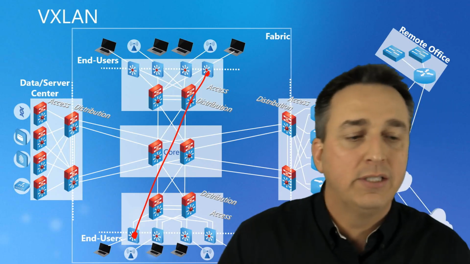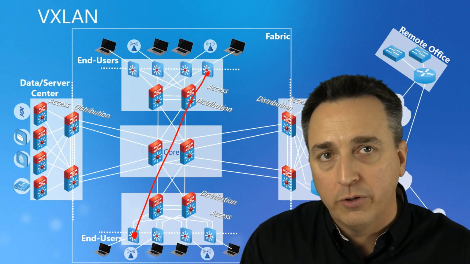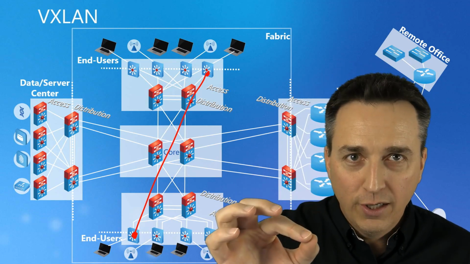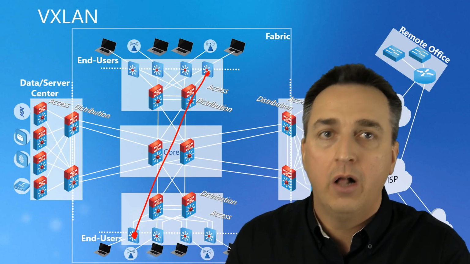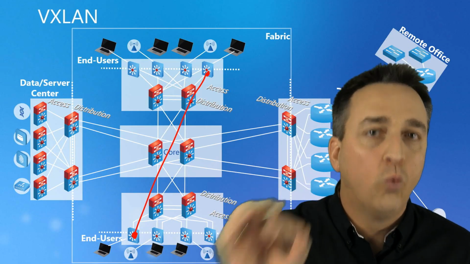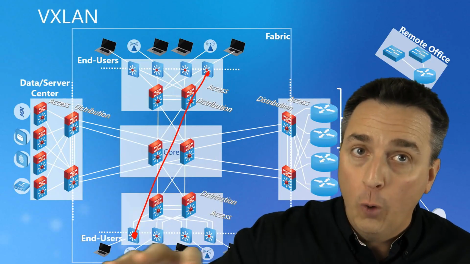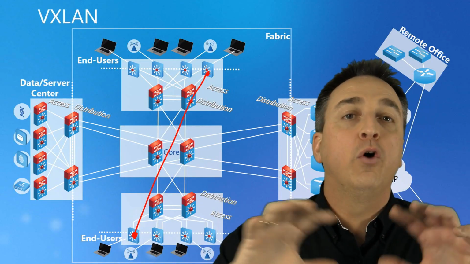But what you need to understand is that LISP as a data plane protocol for SD Access doesn't work. LISP as a control plane protocol for SD Access works. So we use LISP for the control plane in SD Access, but we don't use LISP for encapsulation.